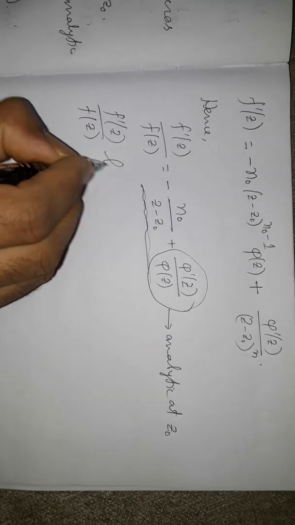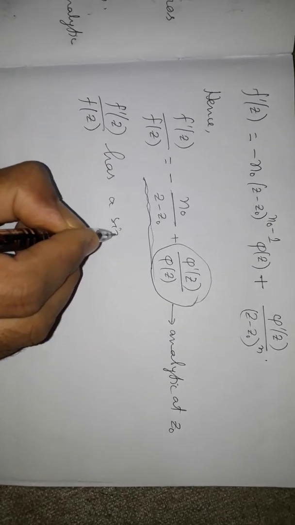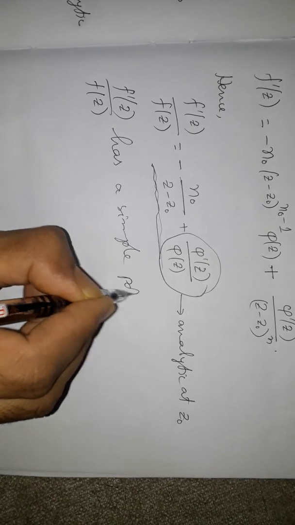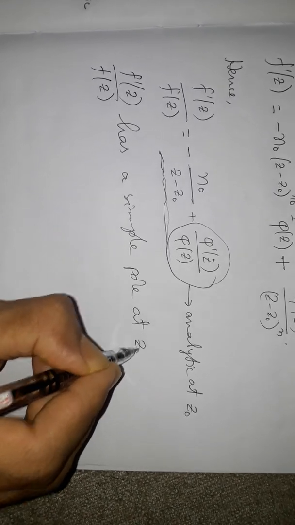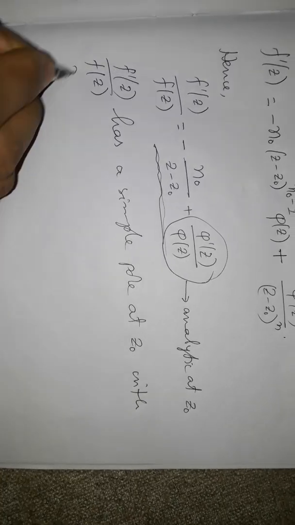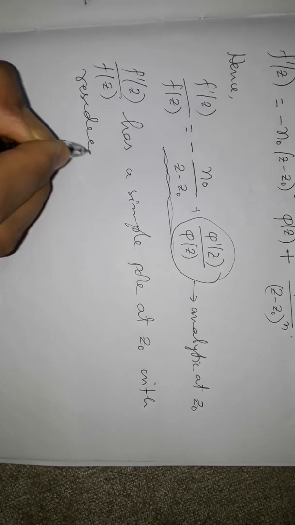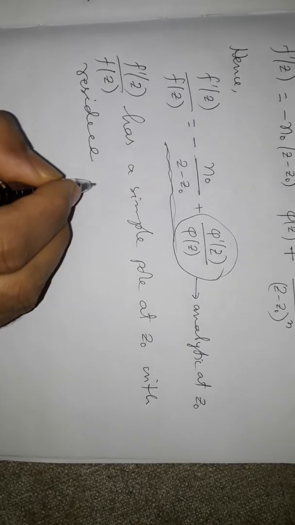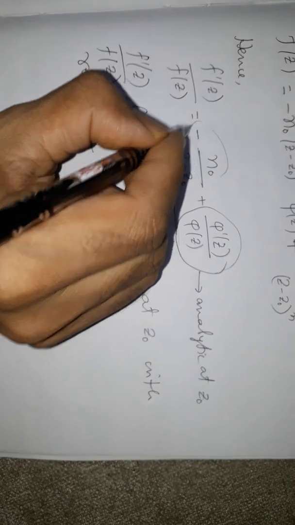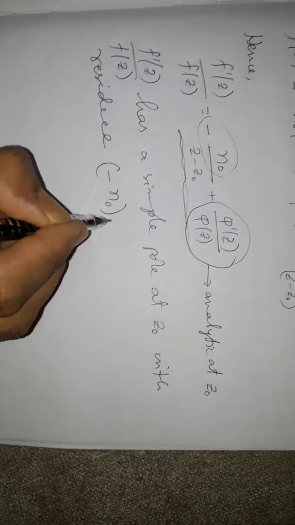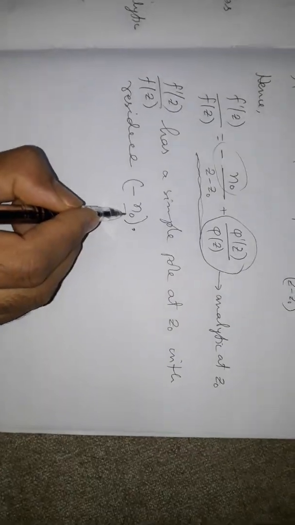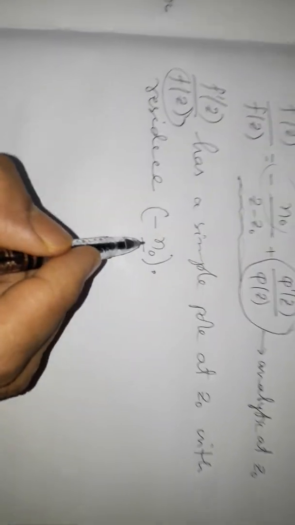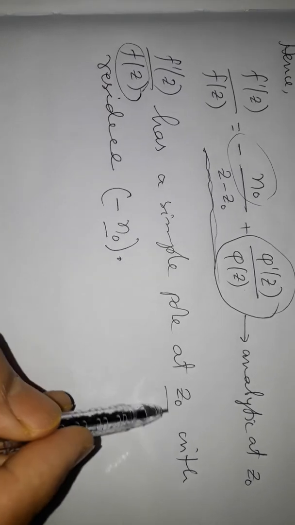So this has a simple pole at z naught with residue minus n naught. That means n naught was the order of the pole of f z, and minus n naught is the residue of f prime z by f z at z naught.